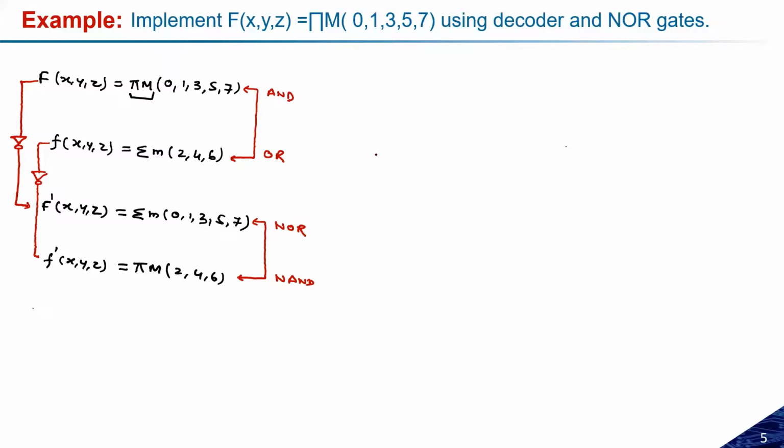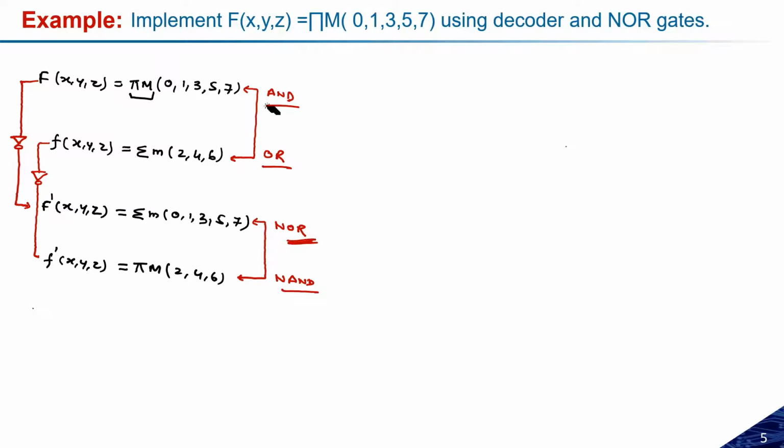So I will recommend just do one thing at home. As of now, I will be designing with the help of this one, but the same problem can be extended with the help of NAND, with the help of OR, and with the help of AND. Once you are ready with all these circuits, try to check how those functions are working, and your doubt will be absolutely clear.